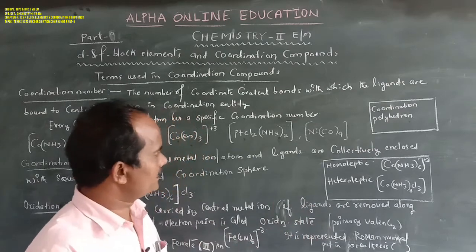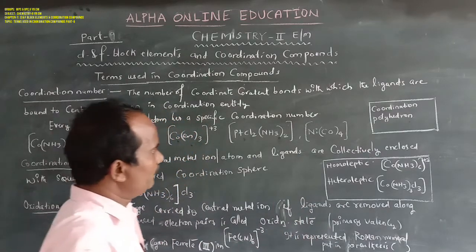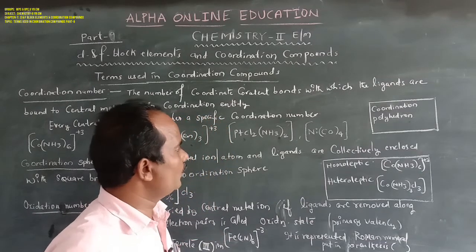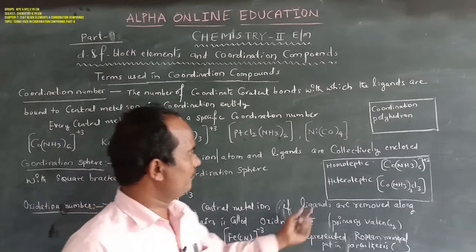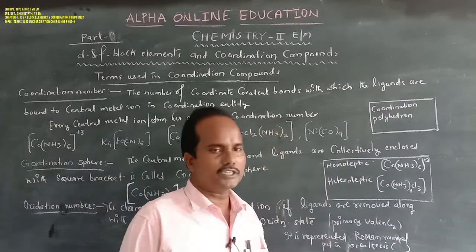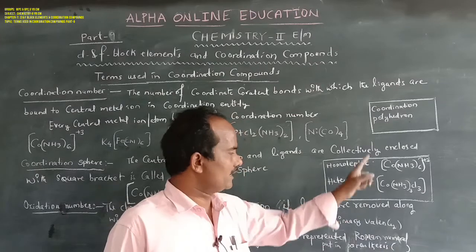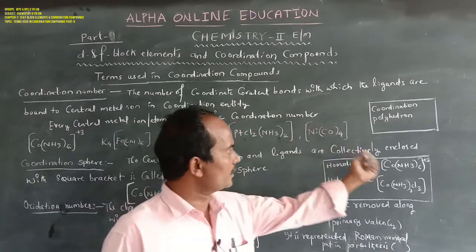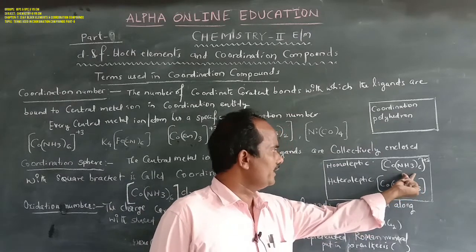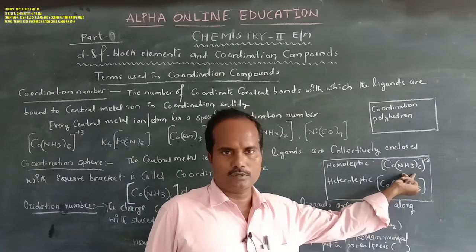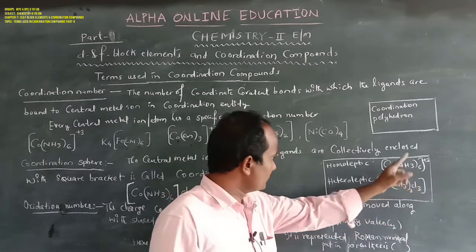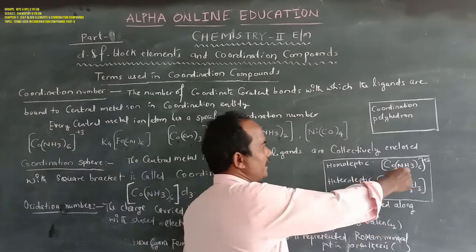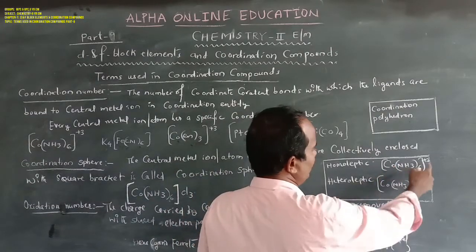Then let's see homoleptic complexes and heteroleptic complexes. What is meant by homoleptic complexes? When you take a coordination compound, if the central metal atom or ion is connected with only one type of ligand, then that is called a homoleptic complex, for example, hexaammine cobalt 3 ion.